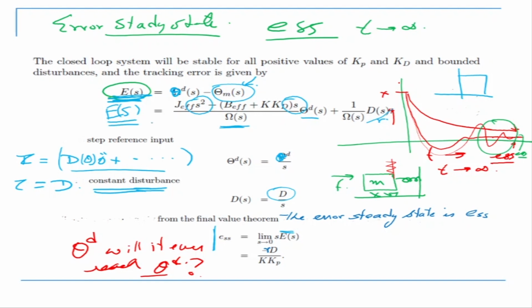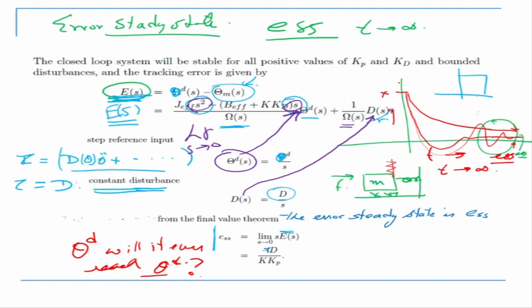E(s) was equal to this, and in E(s), I can put theta_d(s) as theta_d by s, and this D(s) is this one here. I put that in, with limit s tending to 0. All the s's will become 0, this becomes 0, that becomes 0, and there's an s there. So what is left is only this term.